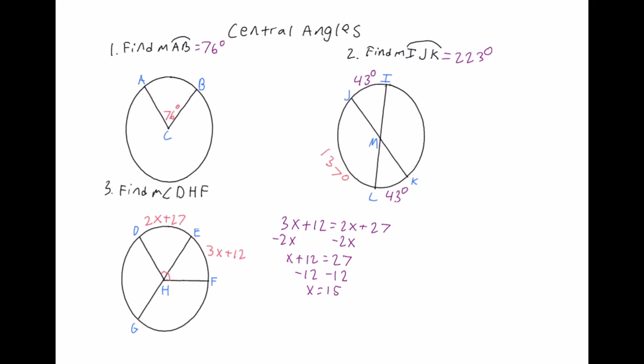So this arc here, and the angle, is 57 degrees, which means this is also 57 degrees. So that means the entire angle is 114 degrees.